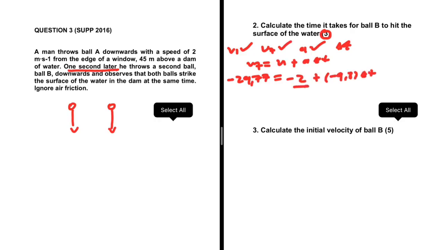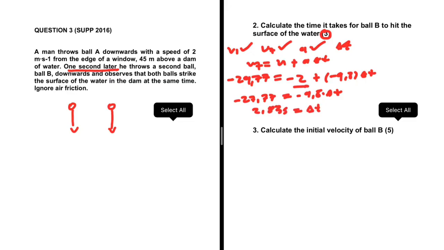If we take minus 2 to the left hand side, we're going to get minus 27.77 equals minus 9.8 multiplied by delta T. So now it's just a matter of dividing both sides by 9.8. If we divide both sides by minus 9.8, we're going to get 2.83 seconds equals delta T.